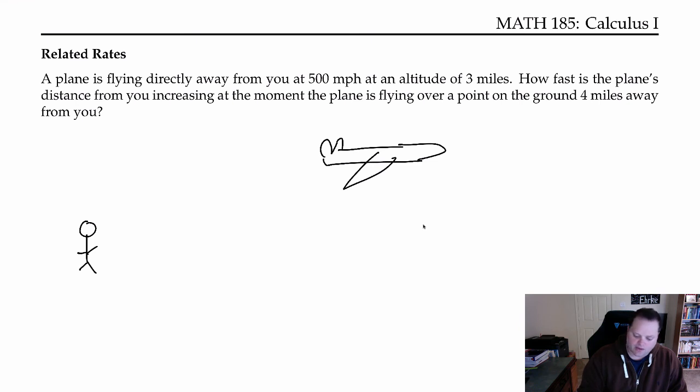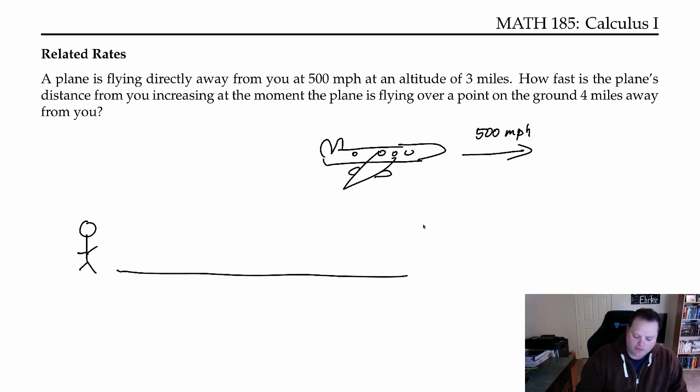Something like that. All right, that's my best attempt at a plane. So the plane is flying away from you at a rate of 500 miles per hour. How fast is the plane's distance from you increasing at the moment the plane is flying over a point on the ground 4 miles away from you?